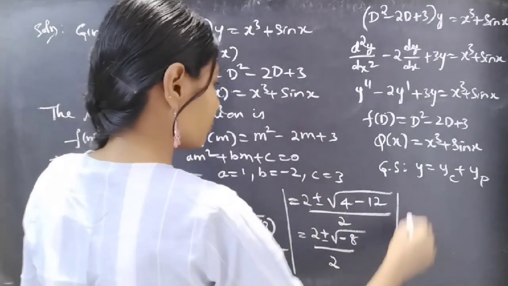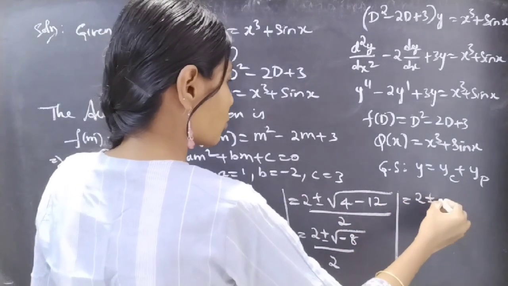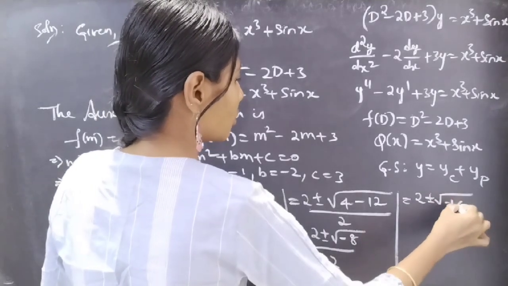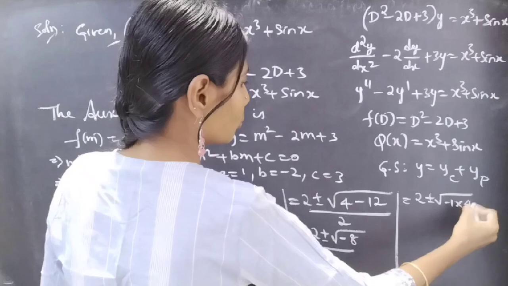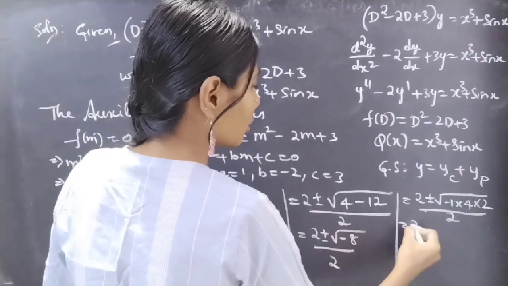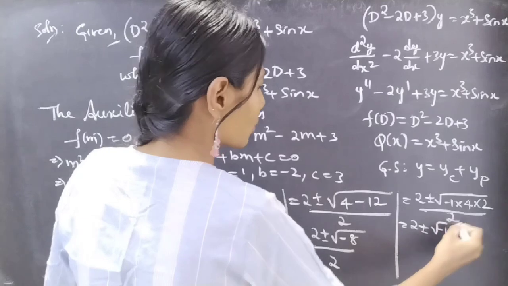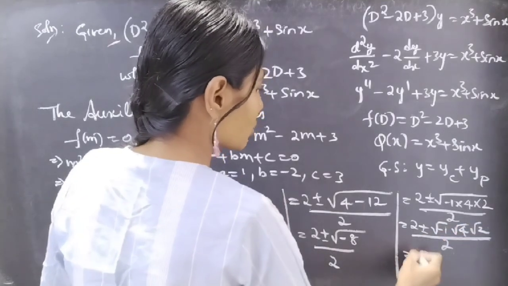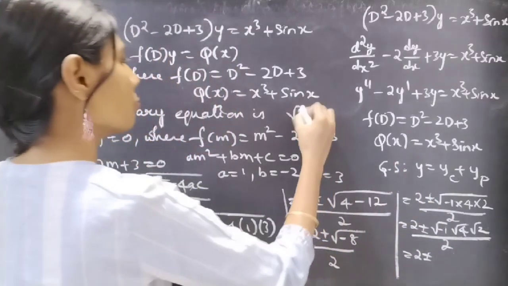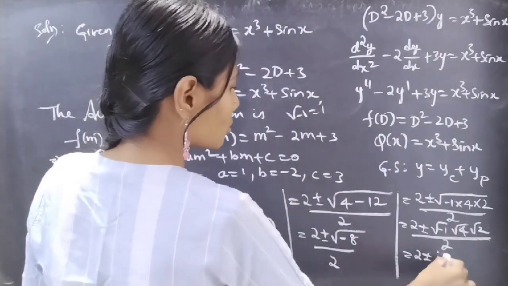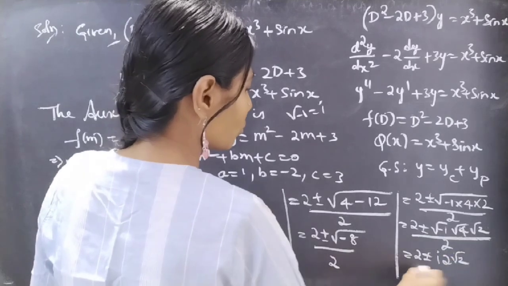We can write √(−8) as √(−1 · 4 · 2). Now split the square root: √(−1) · √4 · √2, and √(−1) is i. We get i times 2 times √2, over 2.